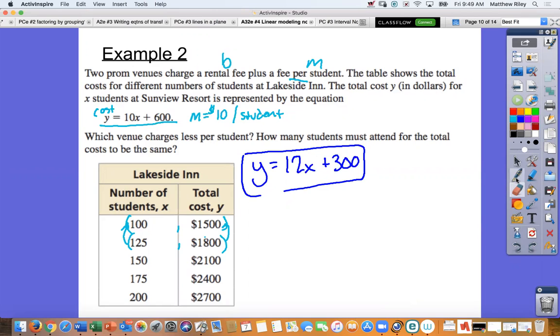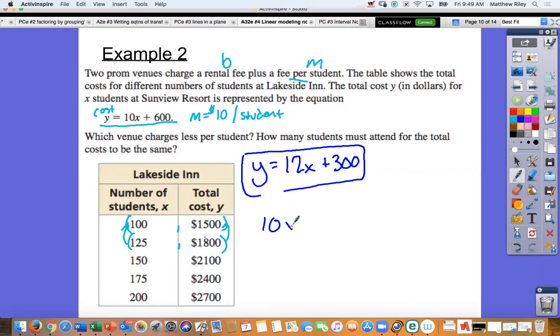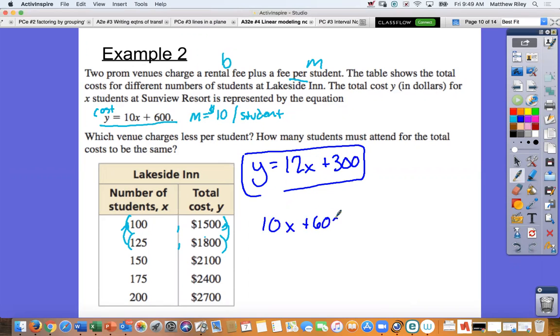Well, if cost is my y, I want my y's to be the same. In other words, I just set these two equations equal to each other. So 10x plus 600, so this equation has to be the same as this one. Any questions there?